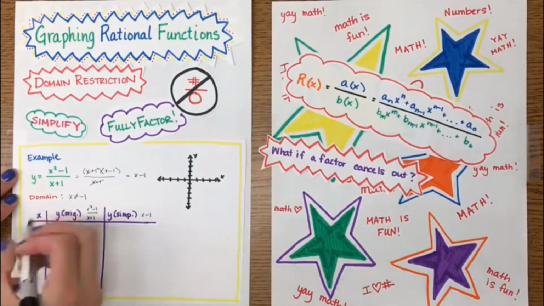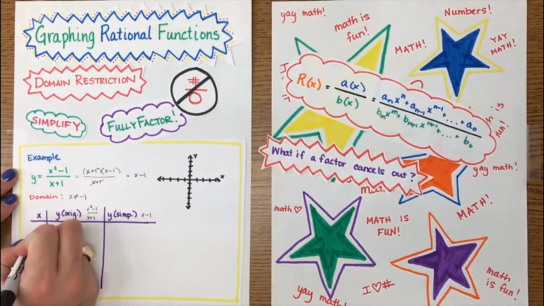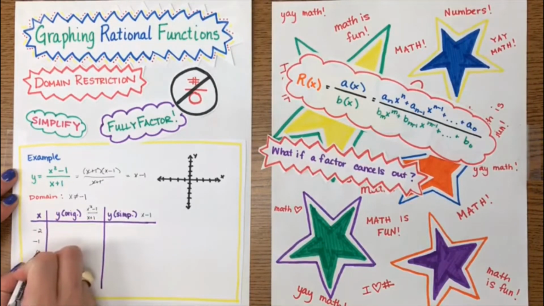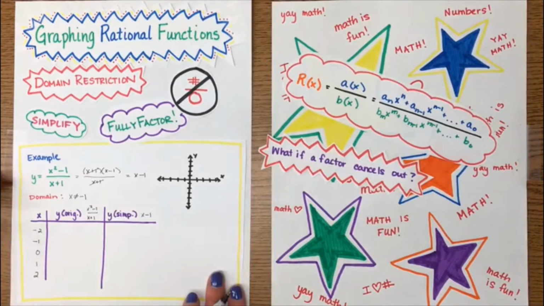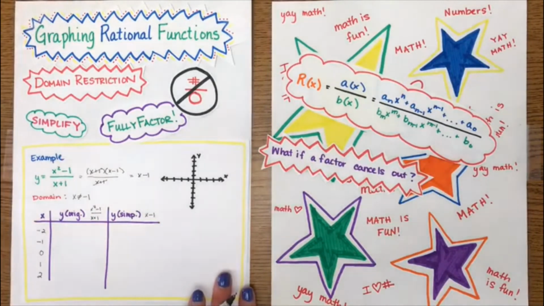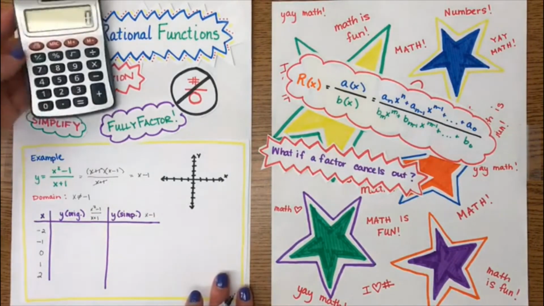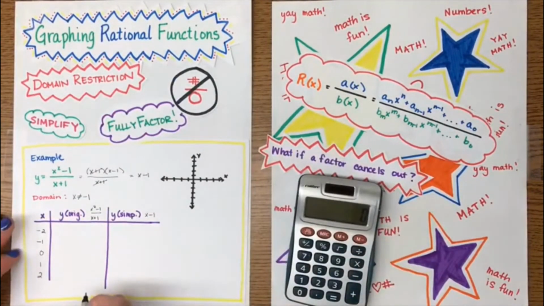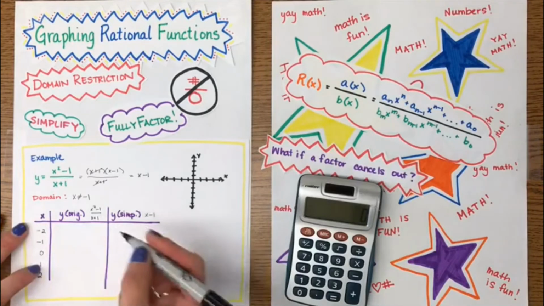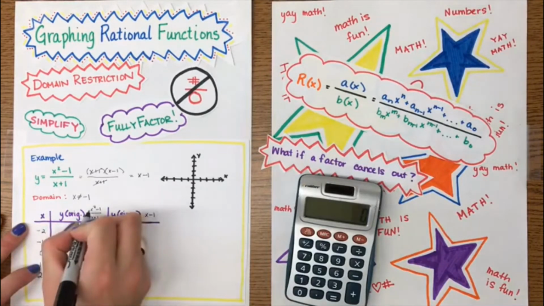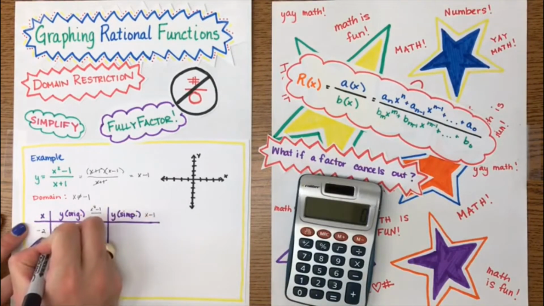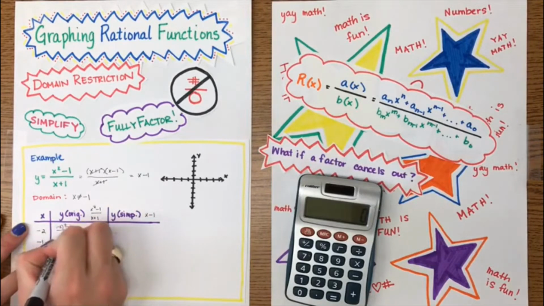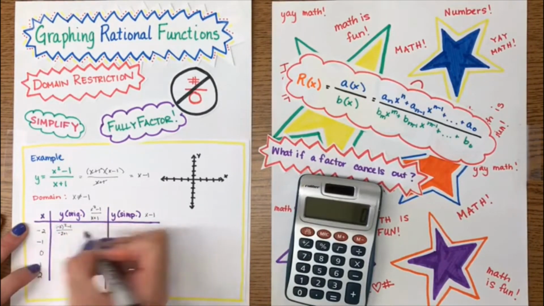I'm going to start by just picking some x values, like negative 2, negative 1, 0, 1, and 2, as a couple values that I'm going to plug in and check. So I've got negative 2 squared minus 1 over negative 2 plus 1.